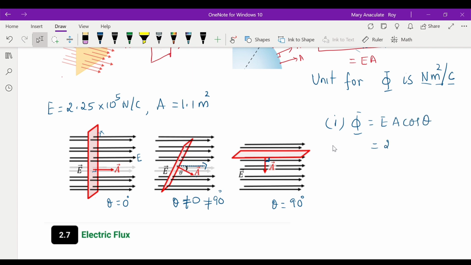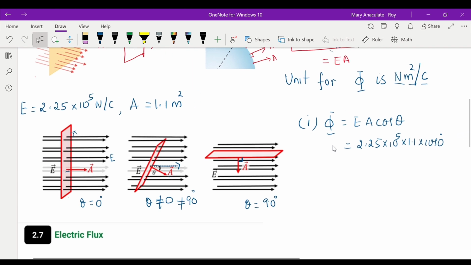So it is 2.25 times 10 to the power of 5 times 1.1 times cosine 0 degrees. Now cosine 0 is 1, so you get the answer to be 2.48 times 10 to the power of 5 Newton meter square per Coulomb.